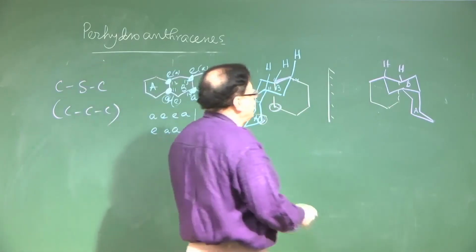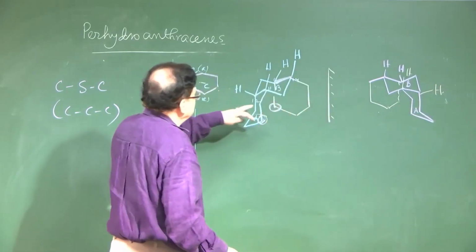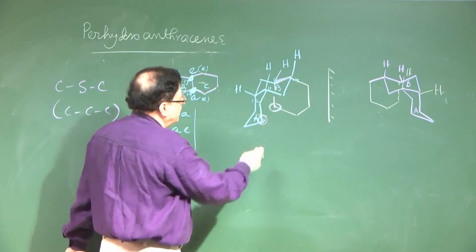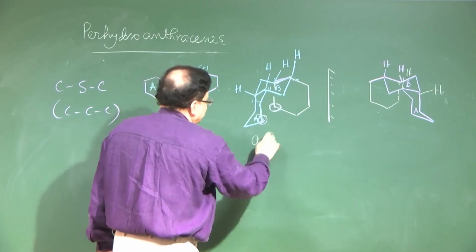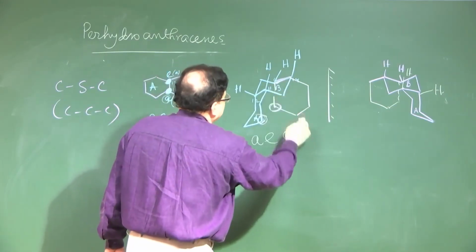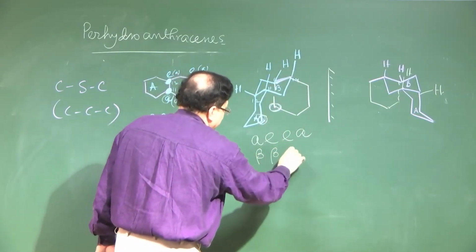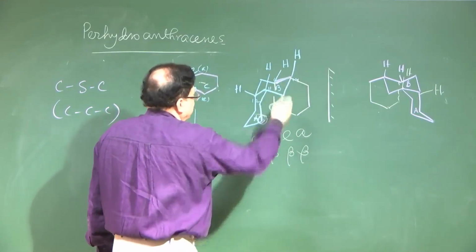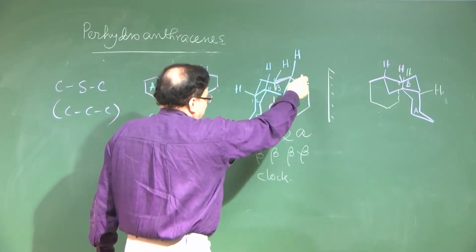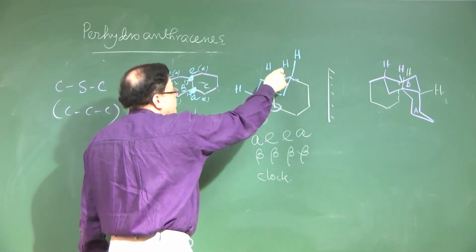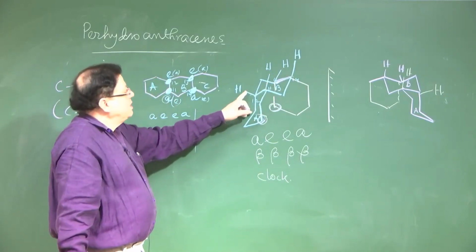Now, the question is, are they superimposable on each other or not? Okay. So, again we will adopt that mnemonic. Suppose we go from 11, 12 and then 13 and 14. So, 11 with respect to B is axial, then equatorial, then axial. All are in the beta orientation, and the direction is again, what? It could be clockwise, again a similar type of thing happening, because you can come from this axial, then equatorial, then axial, or you can go from here, axial, equatorial, then axial.